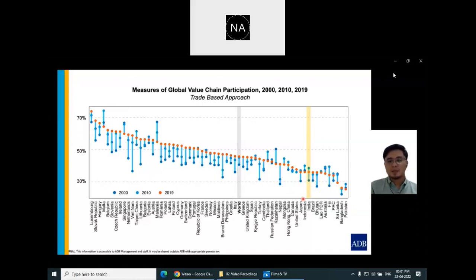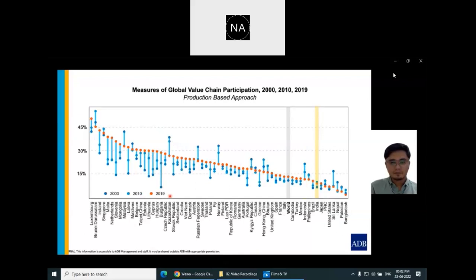Looking at India, we see that its GBC participation is below the world average, and it closely ranks with other large economies such as the United States of America, Japan, Indonesia, and Brazil. It can also be noticed here that the economies in South Asia have the least GBC participation, including Sri Lanka, Bangladesh, and Pakistan.